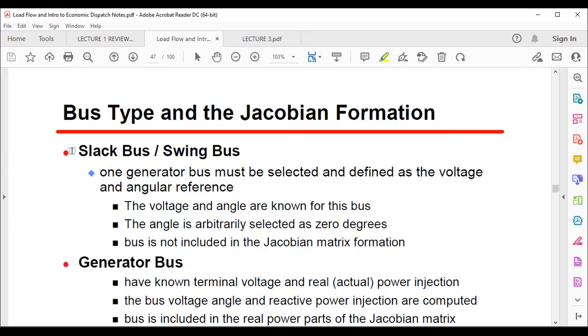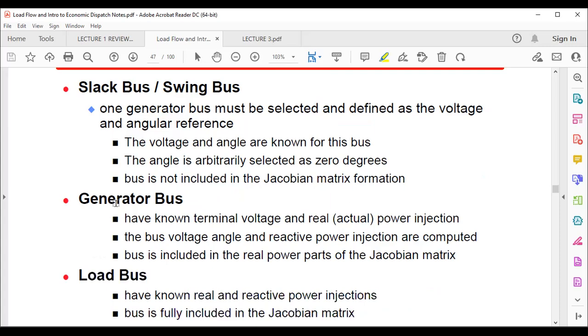For example, for every power system there must be a reference bus, or slack bus, or swing bus, where the voltage and angle are known, but the power is not known. Usually this bus is eliminated when we are formulating the Jacobian matrix.